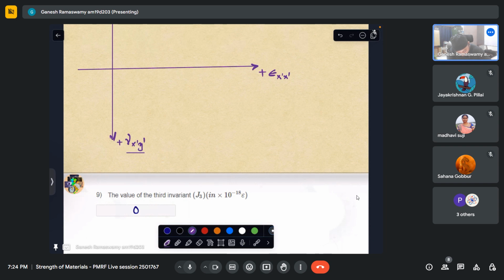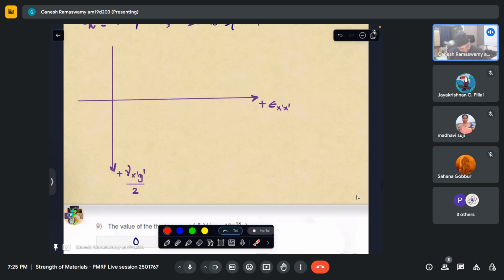It is better not to write this as epsilon x prime y prime because we will often forget the 2 here, but actual shear strain is this total quantity. It is not half of that. So in order to always remember that, it is better we write it like this as by 2.